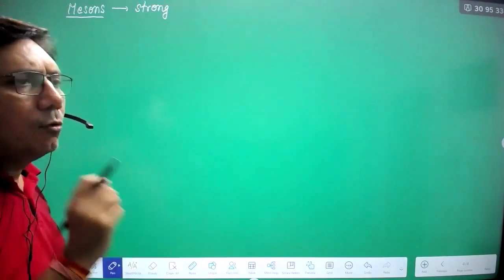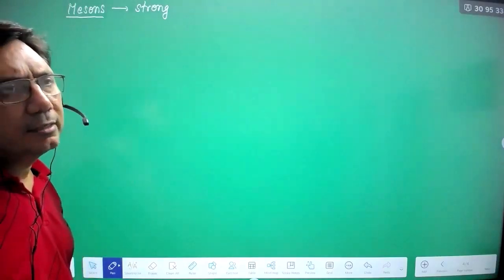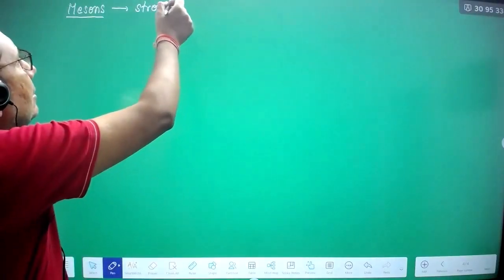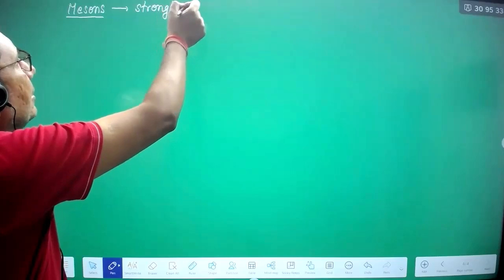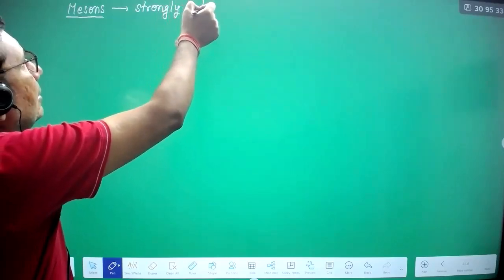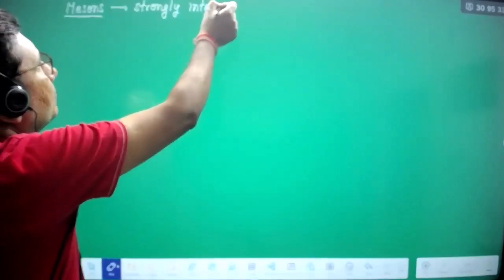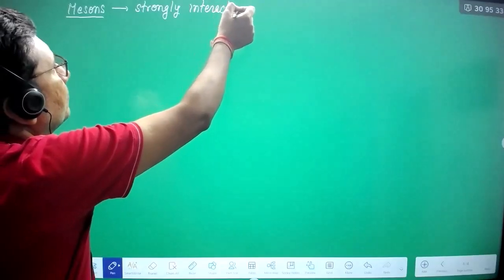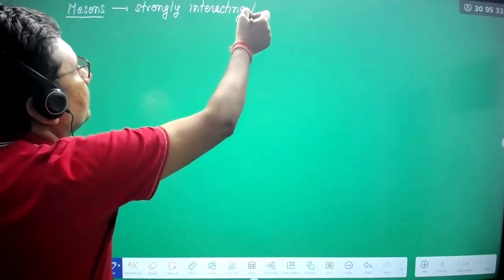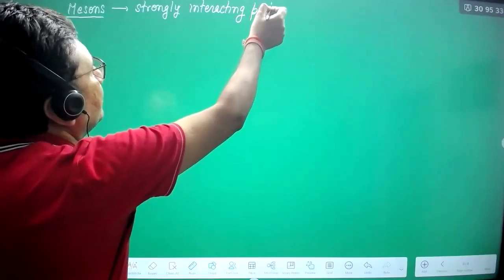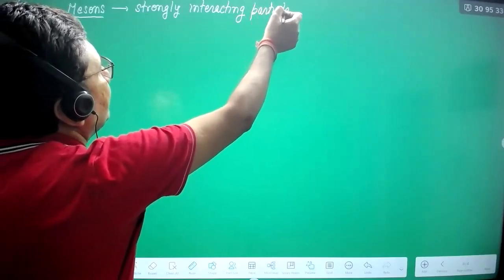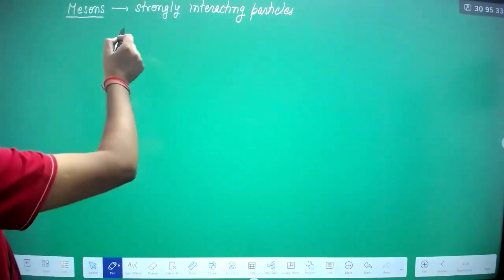They interact only through strong interaction. They are strongly interacting particles.